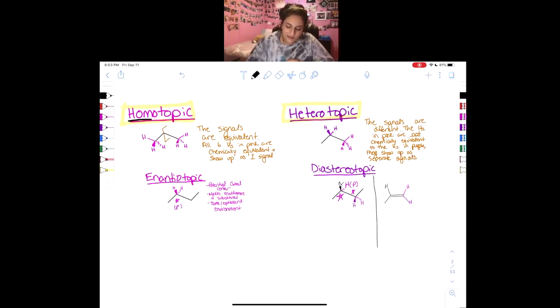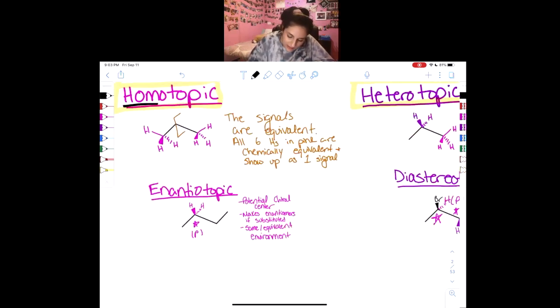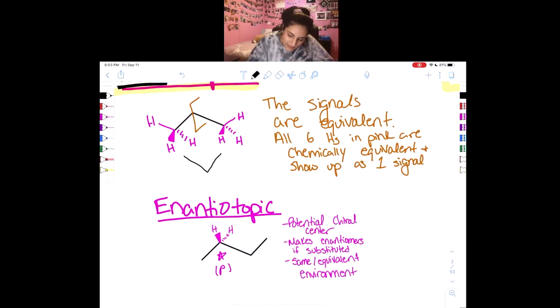So in this example, it's already written out in words here, but these three hydrogens and these three hydrogens have a plane of symmetry in the middle, so they are exactly the same. We could go even further. I'll label that really quick. So this group and this group, their relationship is homotopic.